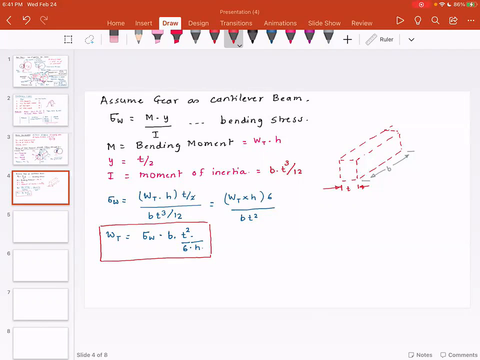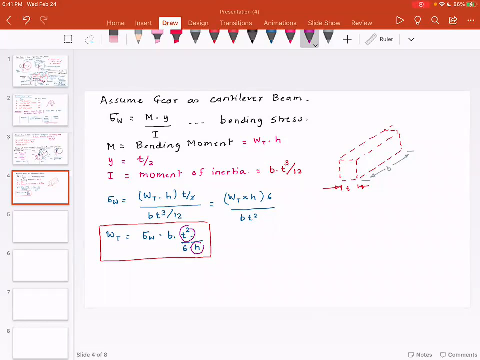Now clearly, in this equation, the values of H and T completely depend upon the gear profile. So H and T are dependent on the gear.